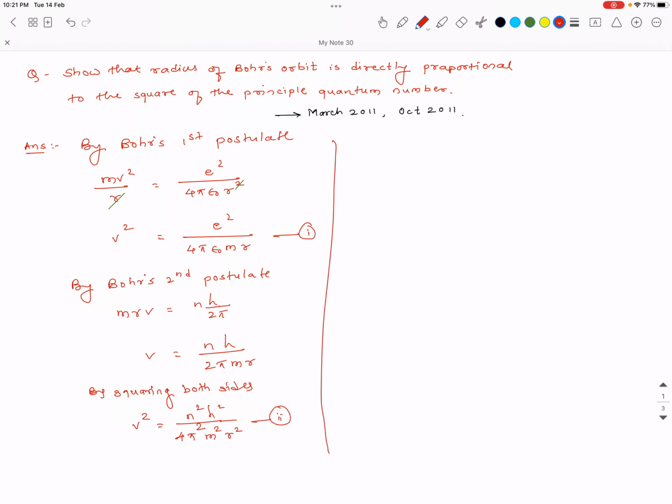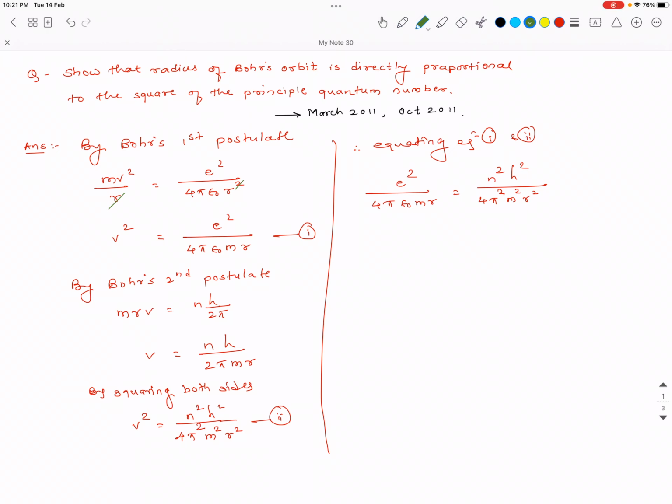Now, equation 1 and equation 2 both represent v square, so we can equate them. Equating equations 1 and 2, we get e square divided by 4 pi epsilon 0 m r is equal to n square h square divided by 4 pi square m square r square.